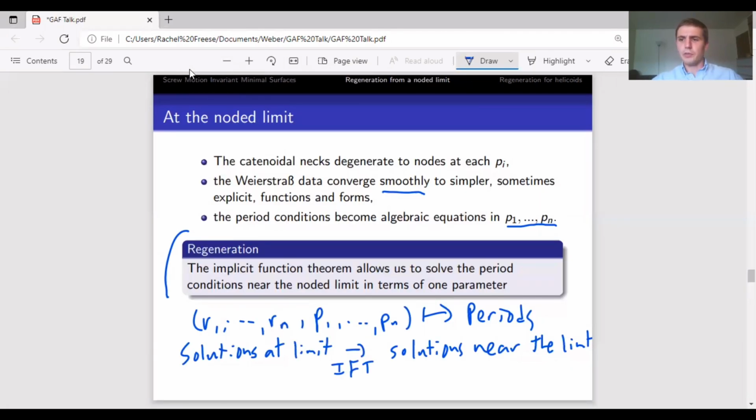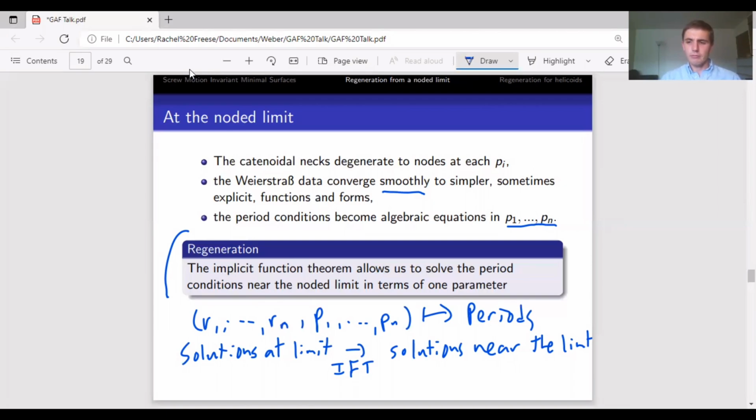So let me move into helicoidal limits, which is again what I'm working on. But it's really the same thing. So like I said, helicoids and catenoids are conformally equivalent, right? So that means that all these things you can do with catenoids, in principle, maybe they can be done with helicoids as well.